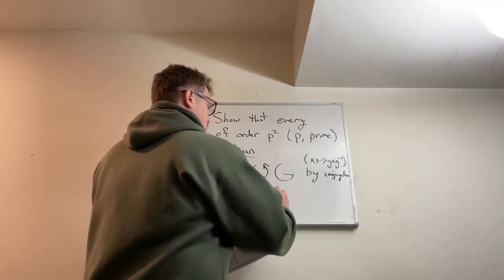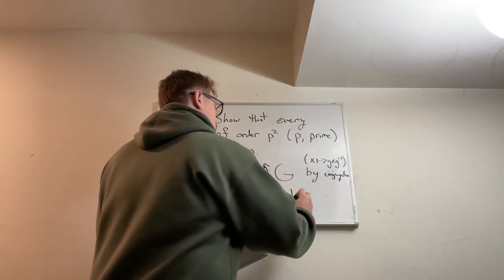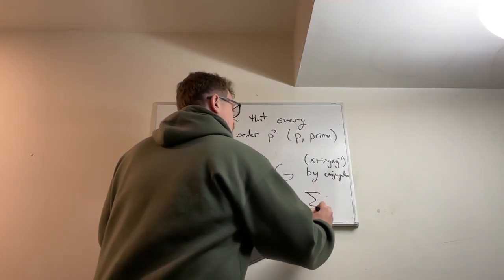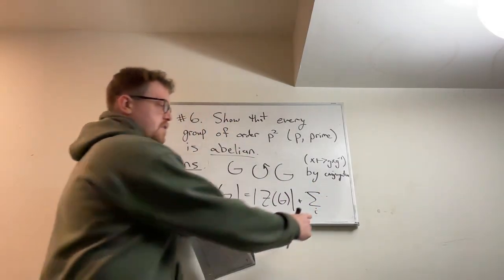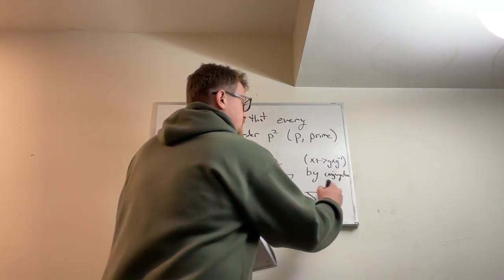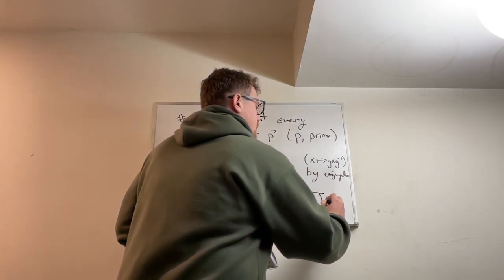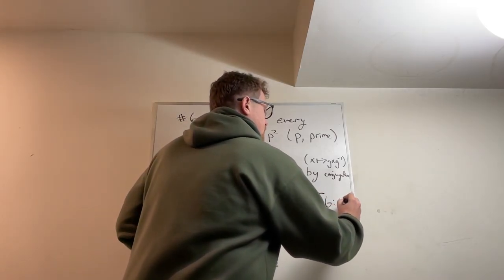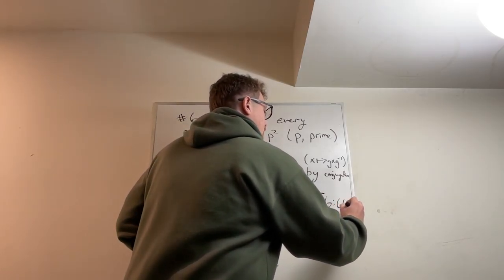I'll write the center as Z of G. And then we get a sum over the indices of some centralizers.